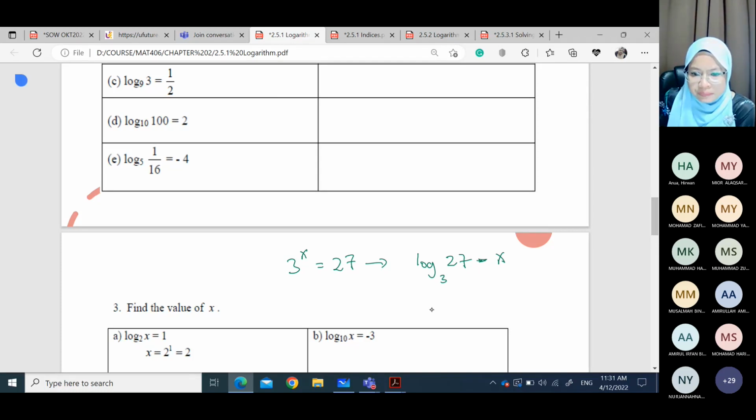So, 27. You just plug in your calculator. Tekan log. Bawah yang kecil itu adalah base. Tekan 3. And then yang besar tu adalah nilai 27. And then equal sign. So, you akan dapat 3. So, X equal to 3. Okay, so maknanya dekat sini 3 kuasa 3 sama juga dengan 27. Okay, faham?